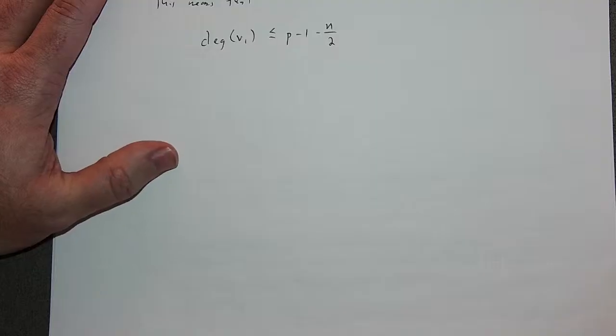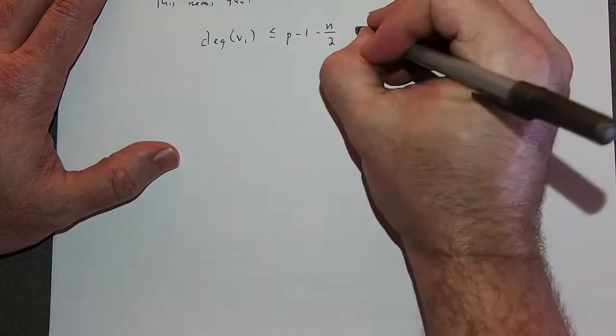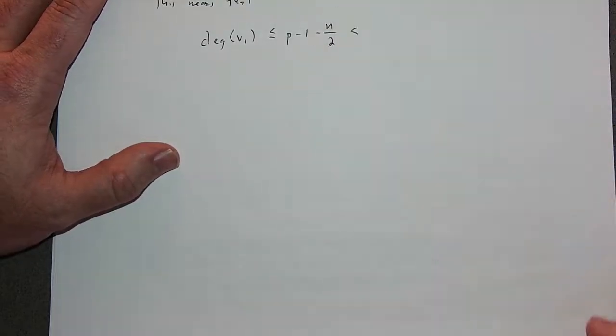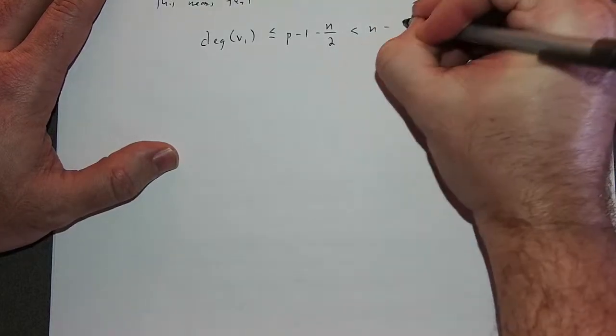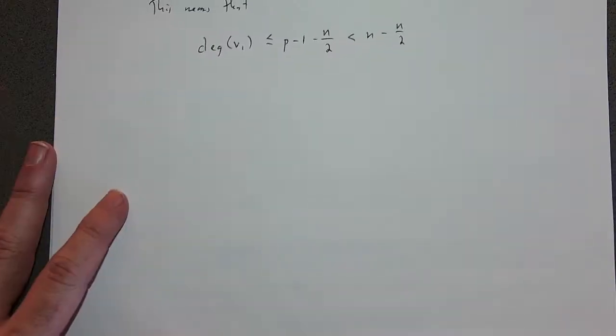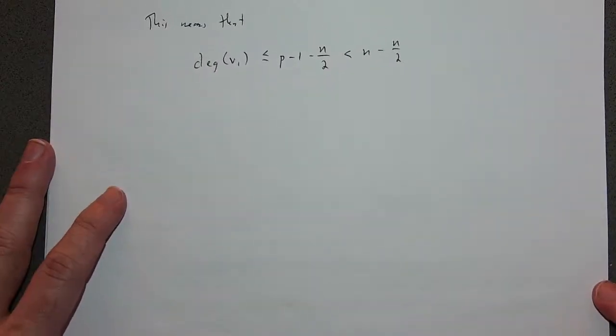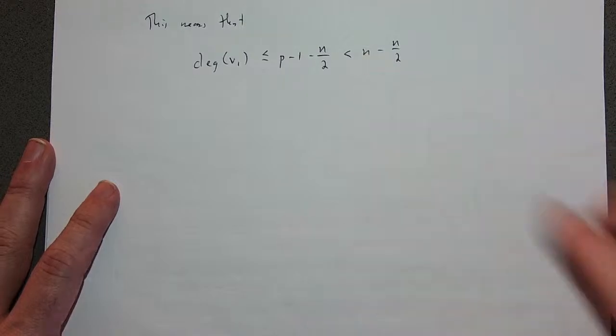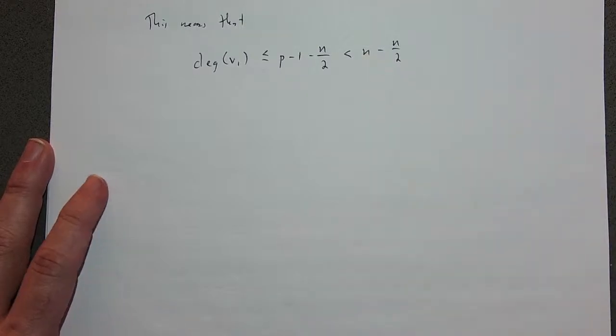But that, of course, is strictly less than n minus n over 2. The length of this path in question is definitely less than the order of the graph itself.